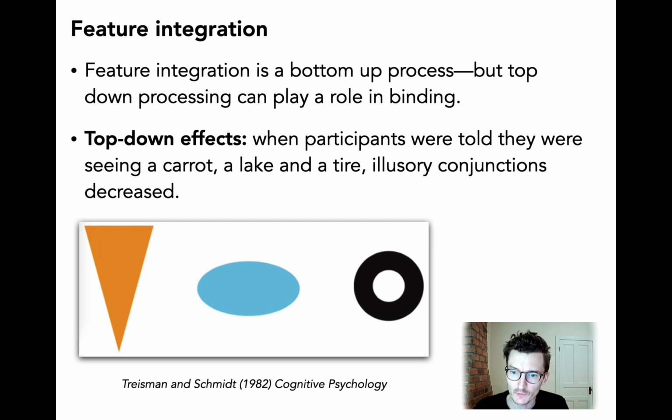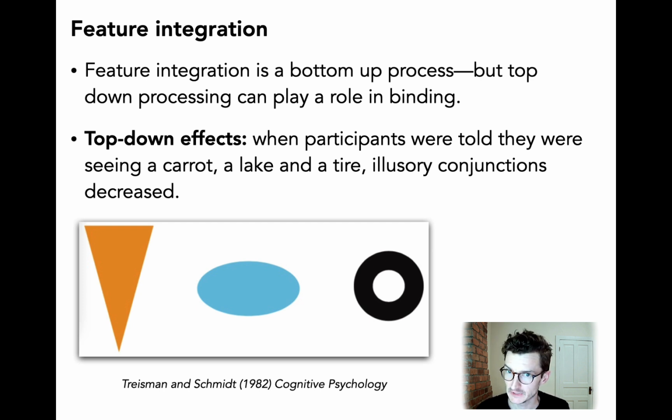So when Treisman and Schmidt performed their study where they demonstrated that when the attentional system is taxed, they see these illusory conjunctions, they found that when participants were told they were seeing things like a carrot, a lake, and a tire, when they were given some contextual information, and they could rely on memory and learning to predict the shape and color of the things they were about to see, there were fewer illusory conjunctions.